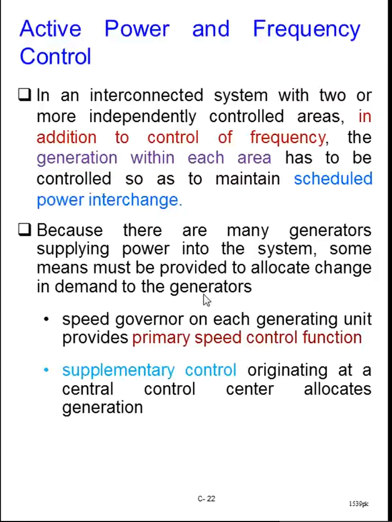Whenever you have a large number of generators in the system and you have to apply the active power control or the frequency regulation principle, it is not all the generators which will be in action. You will have the governor action only on selected generators, and thereby minimize the mismatch between the generation and the demand.